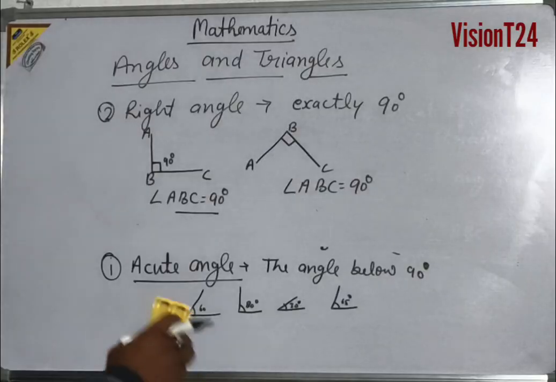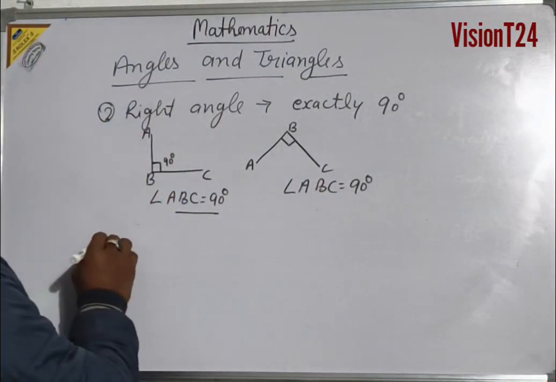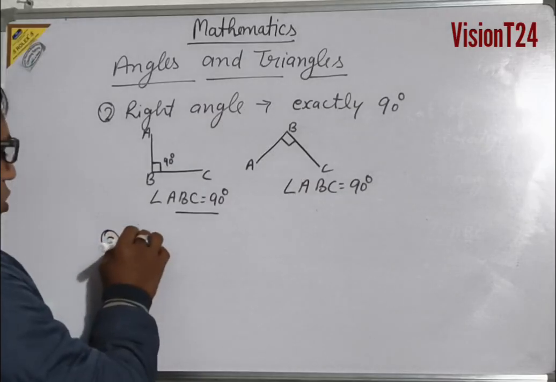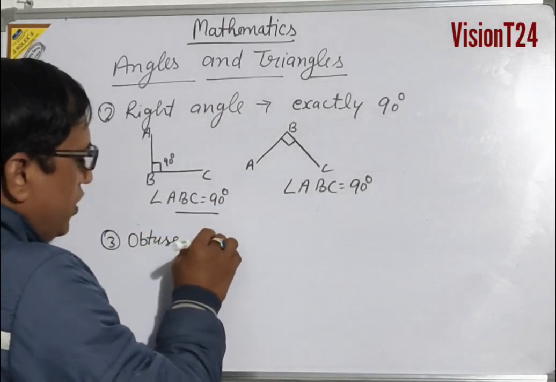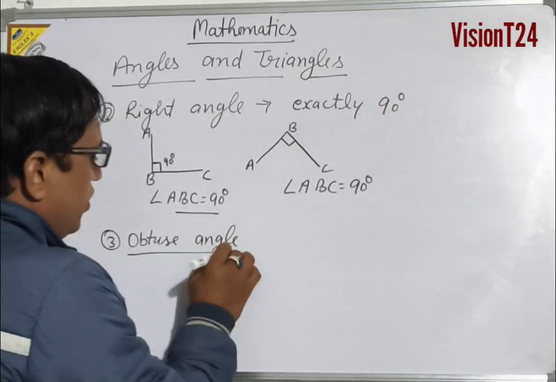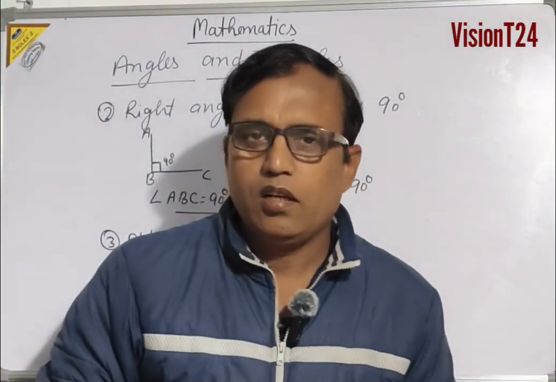Okay. Now the third type of angle which I am going to tell you, that is obtuse angle. What is obtuse angle, class? Do you know what is obtuse angle?